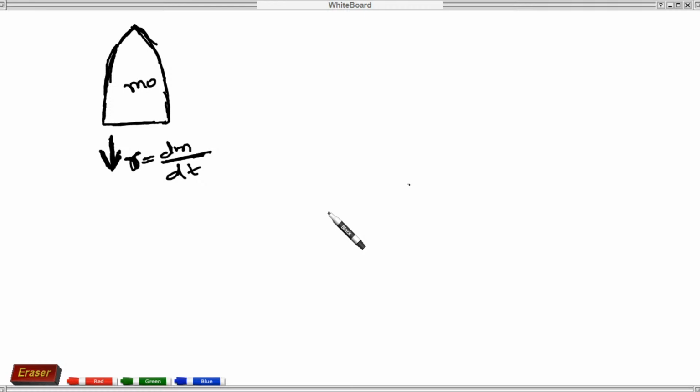So the thing is, suppose after some time t, when it reaches some height, the mass becomes m.